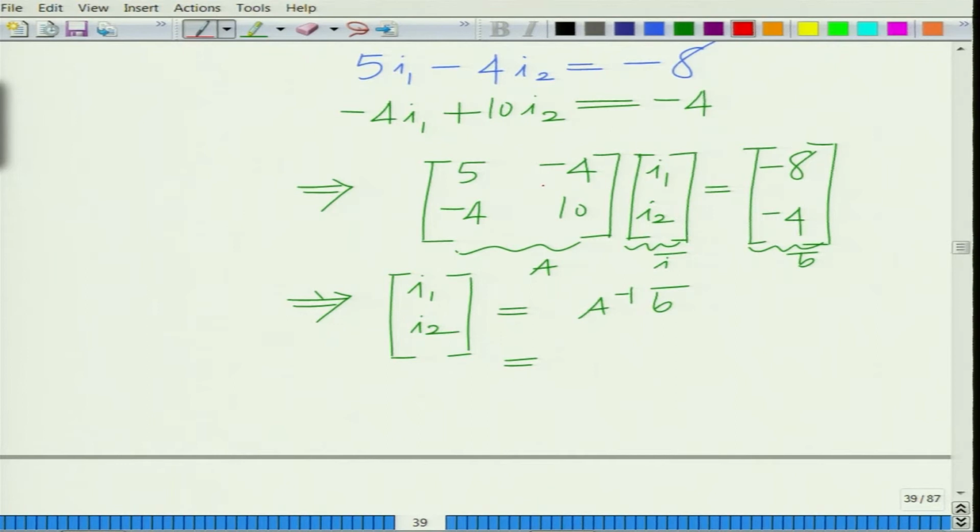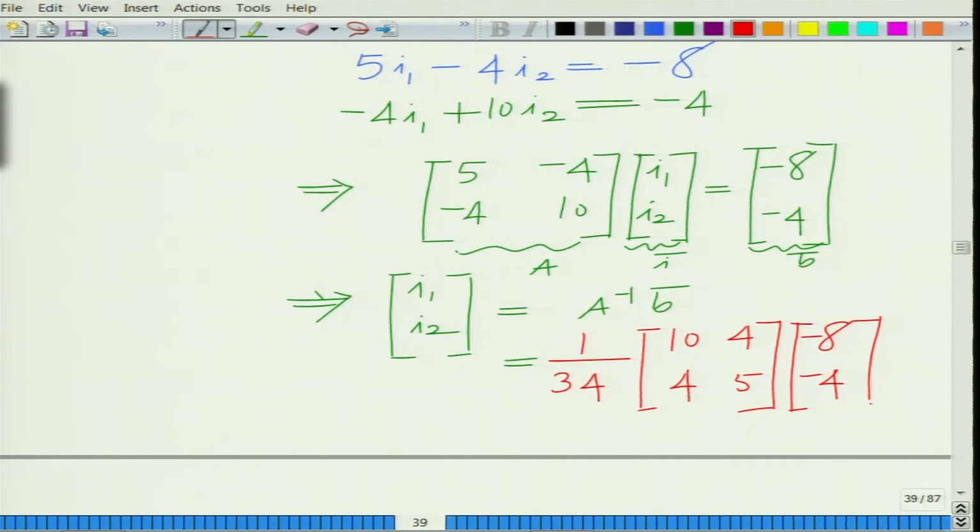of a 2D matrix. So, this is 1 over the determinant, 1 over 50 minus 16. So, 1 over 34 times swap the diagonal elements, negative of the off diagonal elements, that is the inverse of the 2 cross 2, times minus 8 minus 4.